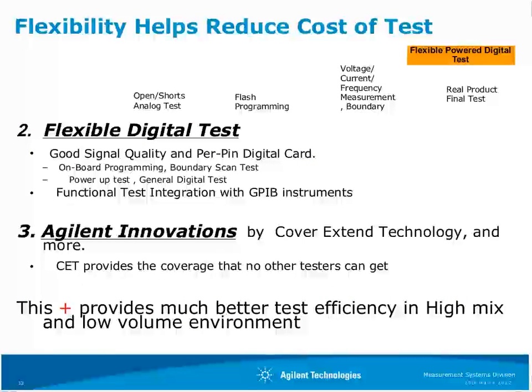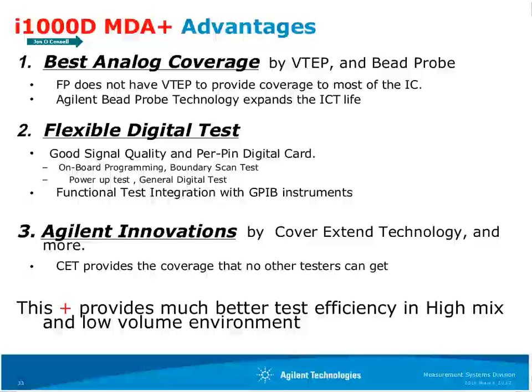So let's recap on some of the I1000 advantages. It has excellent analog test coverage. It can use the Agilent bead probe to extend the access from In Circuit Test. It also has a digital test, and the signal quality from the digital test is very good despite the long wire fixtures, because we employ twisted pair within the flat cable and twisted pair within the fixture.